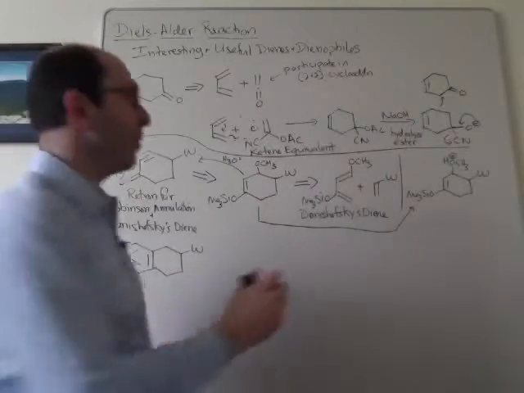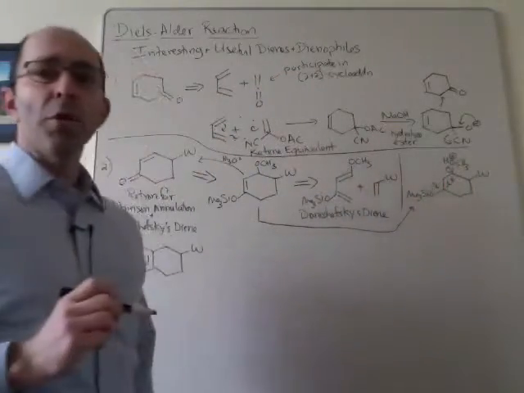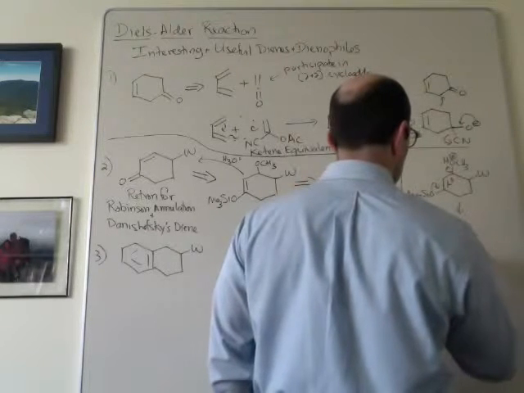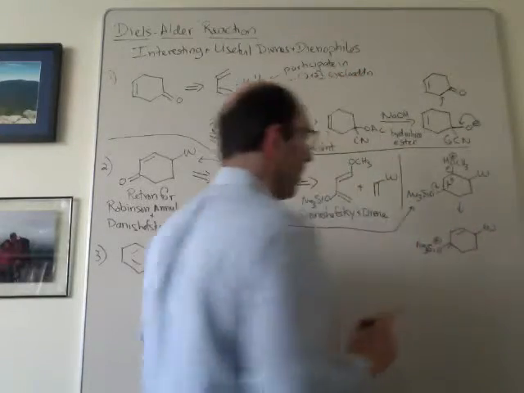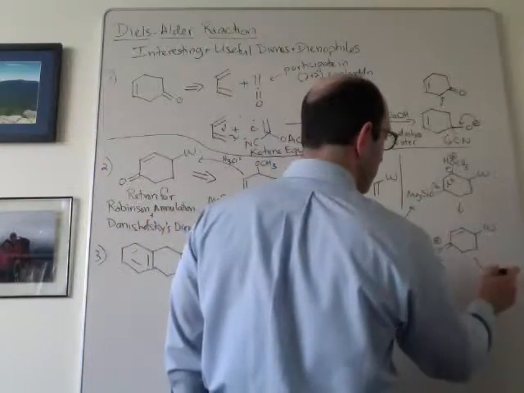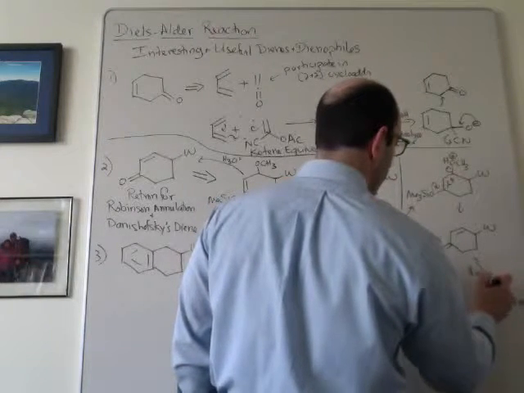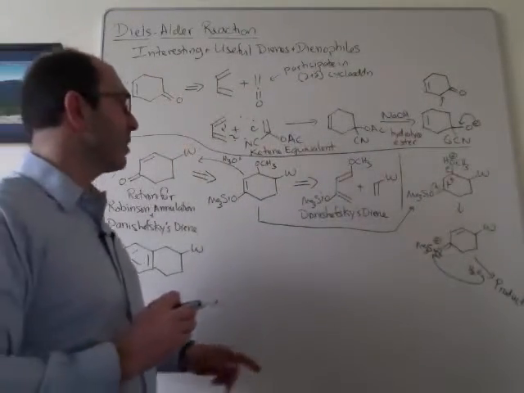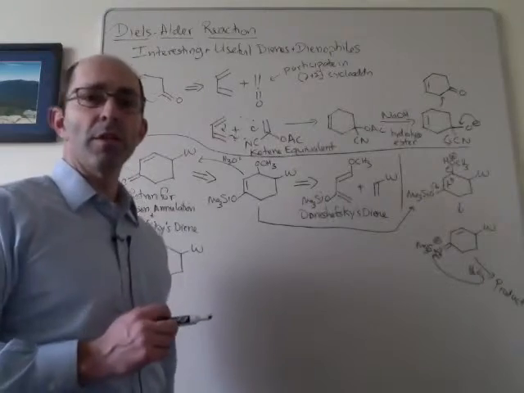So you protonate the ether, you can then have the silyl ether push out as a leaving group. And all you have to do is have water attack, and that will bring you to the final product. The water can attack the silicon and then give you the carbonyl product that you want. So very easy to transform compounds that look like this into the cyclohexenone, and that's the use of Danishefsky's diene.